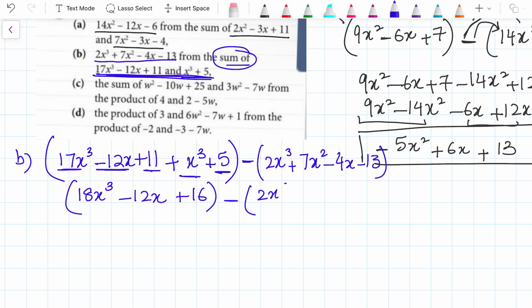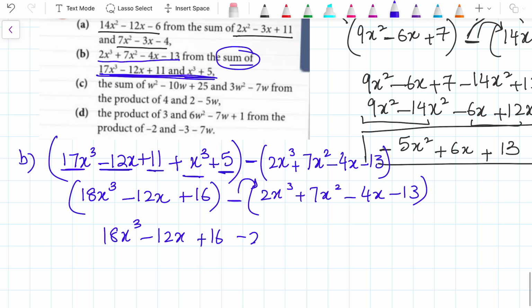Minus. Now 18x cubed minus 12x plus 16 minus 2x cubed minus 7x squared plus 4x plus 13.